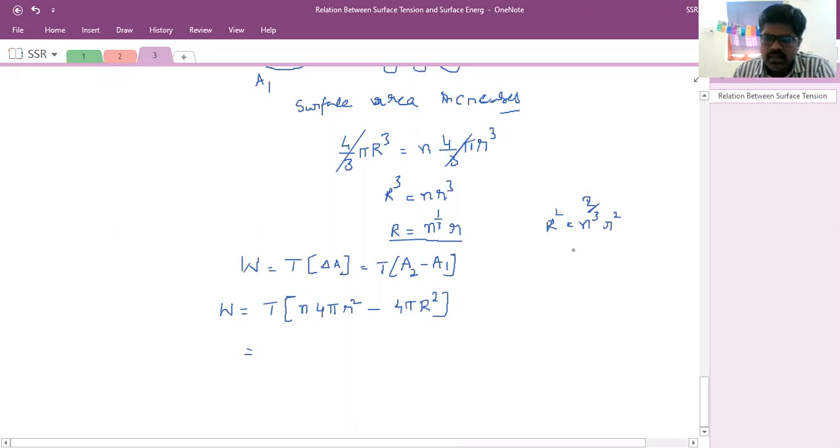Now taking 4 pi T common, we get 4 pi T times n small r square minus n power 2 by 3 small r square.